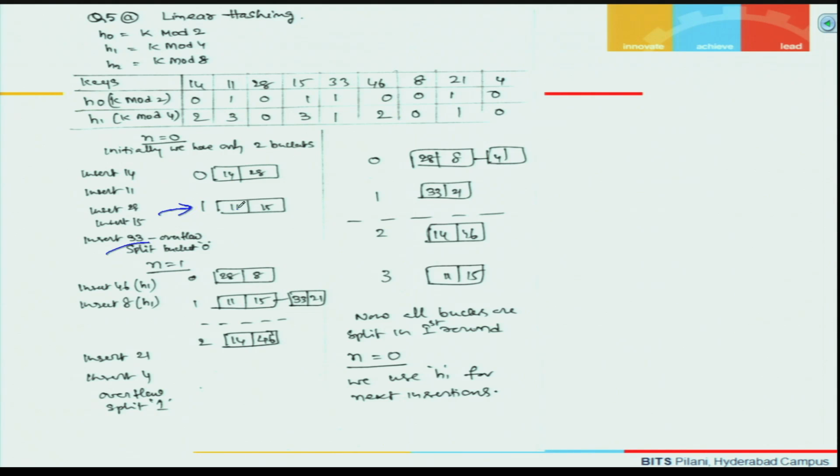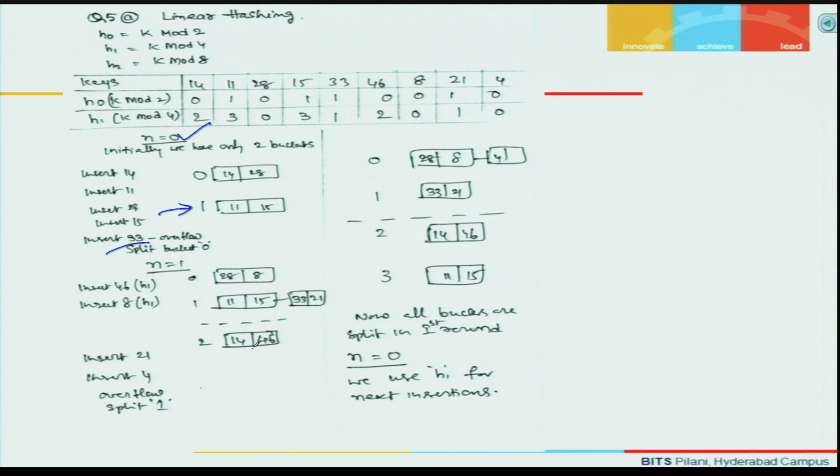So what should I do now? There is a collision. Since there is a collision, immediately I need to create a split image of the bucket that is indicated by the variable n. What is the bucket indicated by n as of now? It is 0. Hence I will have a split image for the 0th bucket.